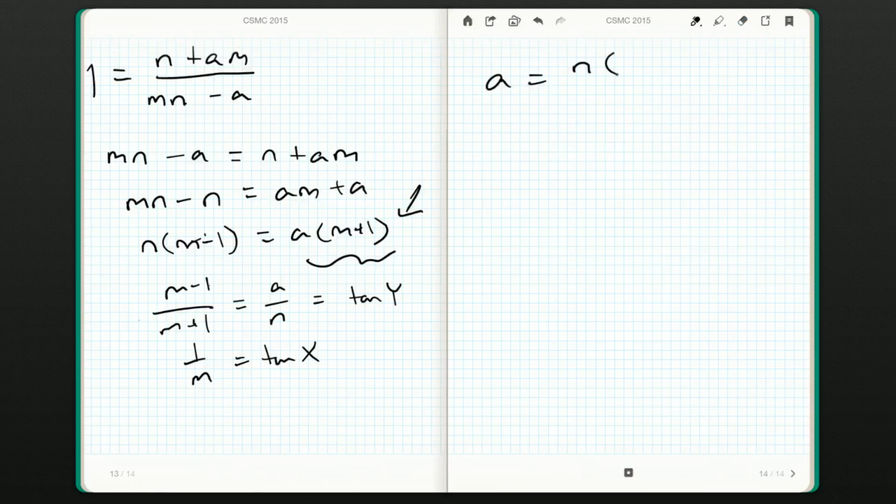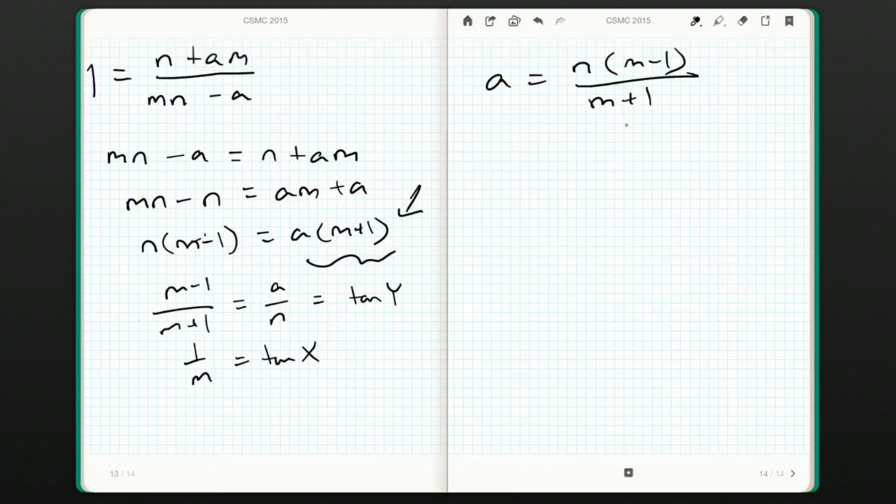Okay. I didn't want to do this because I don't think the division will be the right way to go about this. But if I just write a like this, a is an integer, which means we've got n and m minus 1 and m plus 1 here.